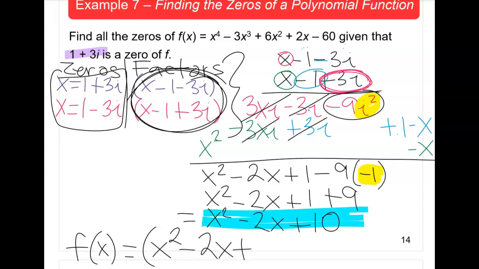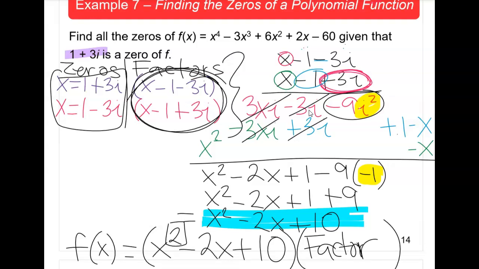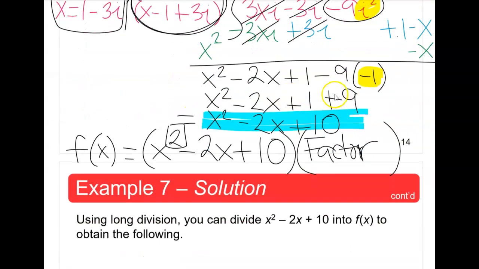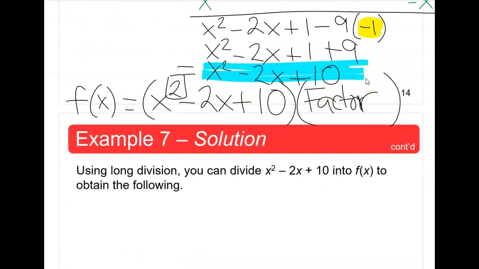So that is one of our factors right now. It's just in quadratic form, quadratic because we have a 2 right here. So we're missing another factor here. In fact, we might be missing more, but let's start with one factor. To find that factor, we're going to take the original polynomial and divide it by that. Now we cannot use synthetic division, unfortunately.